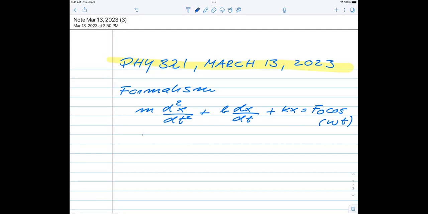What we did before spring break, when we analyzed this equation, was to introduce a natural frequency where we divide out the mass. We defined a parameter, which is often called a damping parameter. We're going to redefine it a little bit later, which is given by 2mω0.